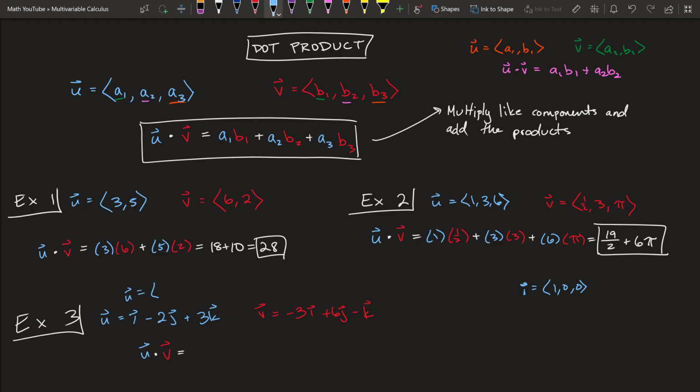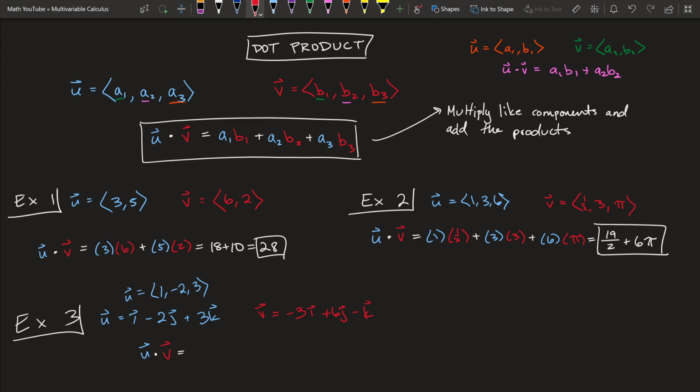So 1 times I hat is just that. And we're going to subtract from it 2 times J hat, which is going to equal negative 2, 0, 0. Then add to it 3 times K hat, which is going to equal 0, 0, 3. And you can see that the vector we create is 1, negative 2, 3.